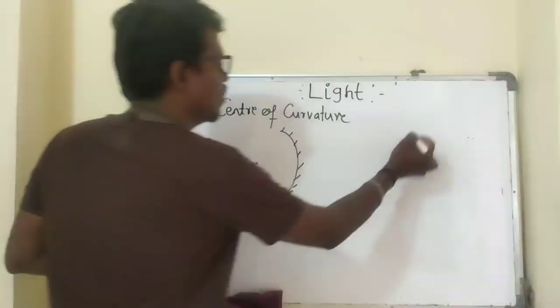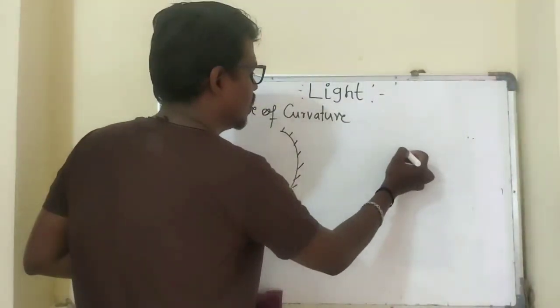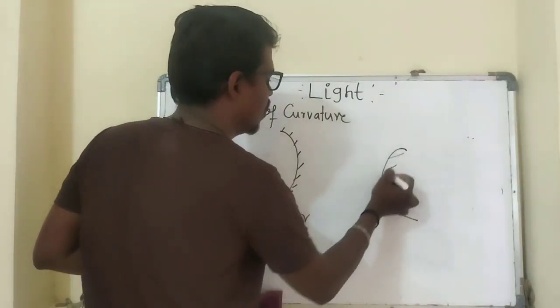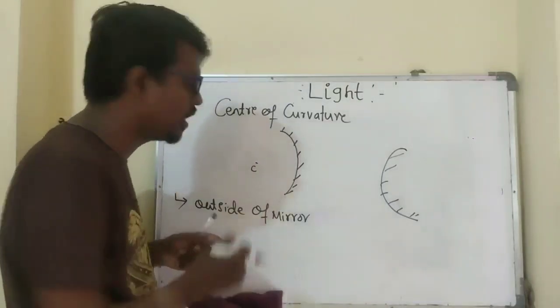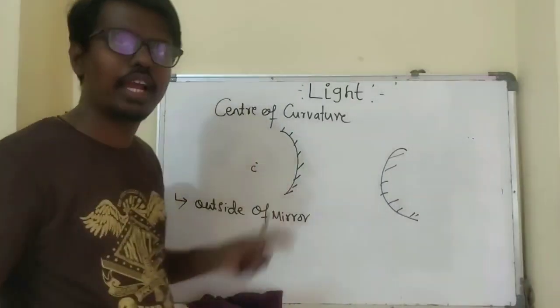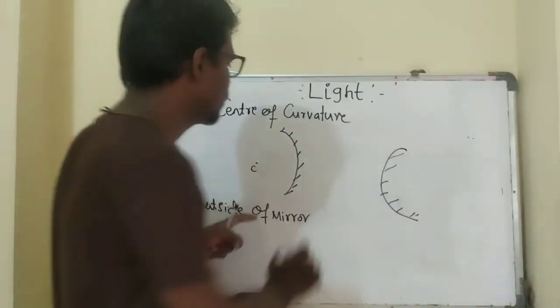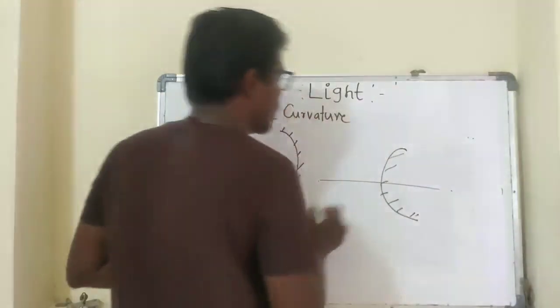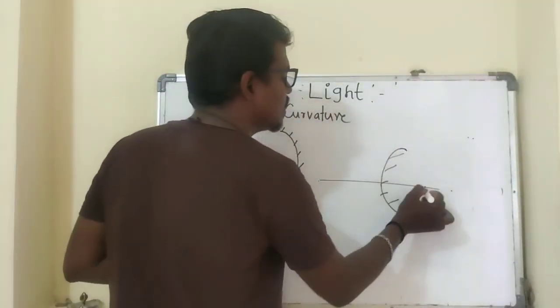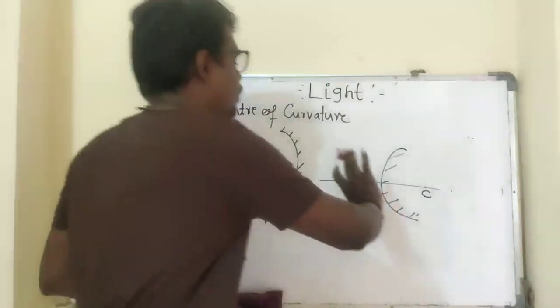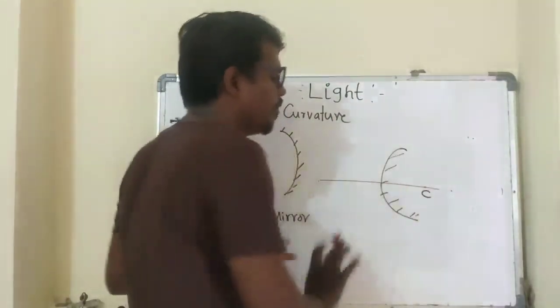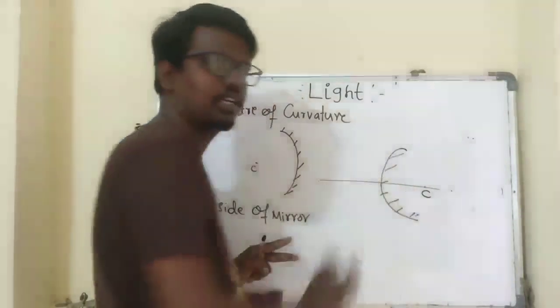Next, in the convex mirror, this is the convex mirror and this is the center of curvature. In a convex mirror, the center of curvature is present behind the reflecting surface.